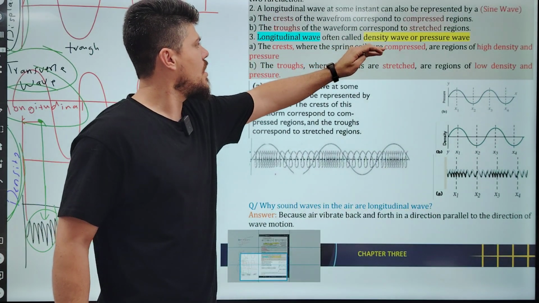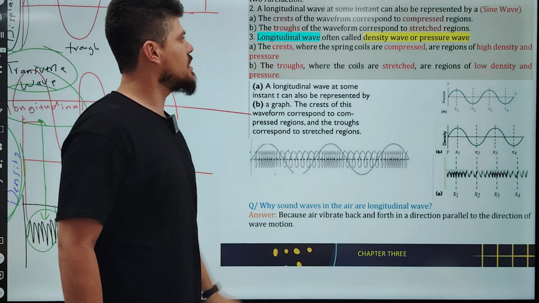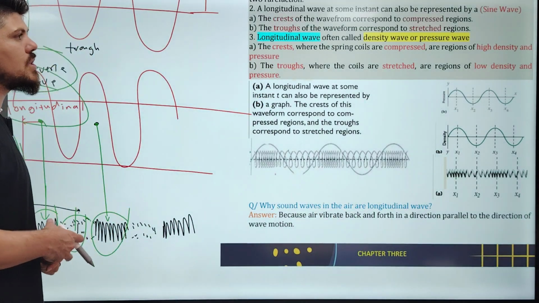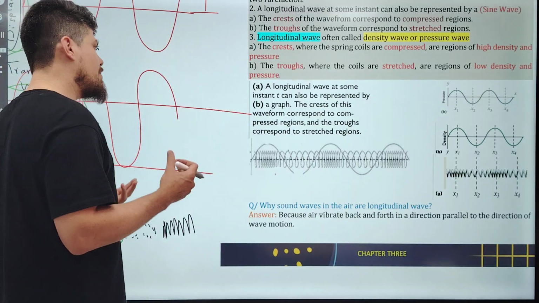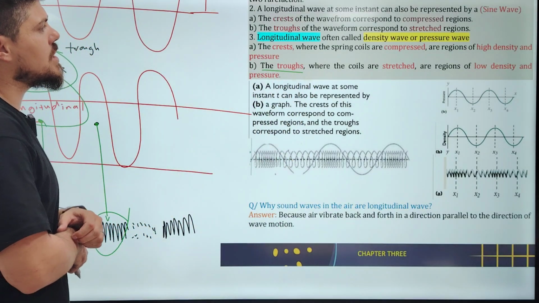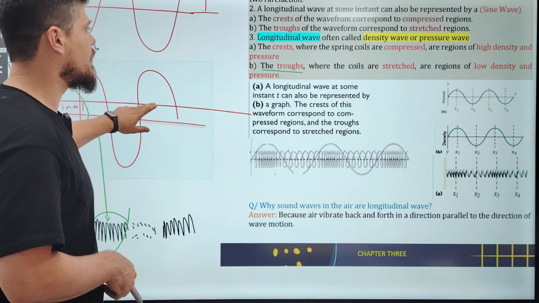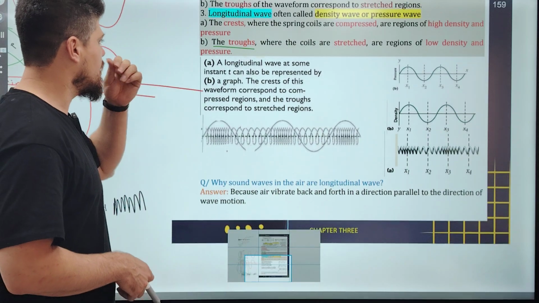A longitudinal wave can often be called a density wave or pressure wave. The crests, where the spring coils are compressed, are regions of high density and high pressure, but the troughs, where the coils are stretched, are regions of low density and low pressure. Look at this figure.